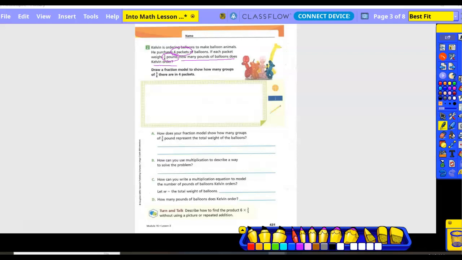So what is going to be our equation, guys? 4 times 3/8. Okay, so how many boxes? 4. And I'm going to break each box into how many pieces? 8.